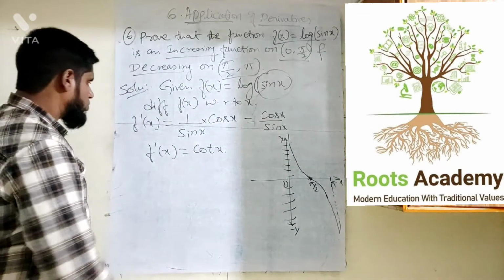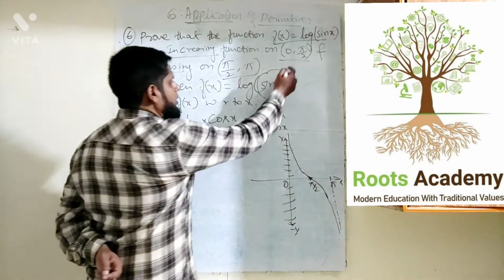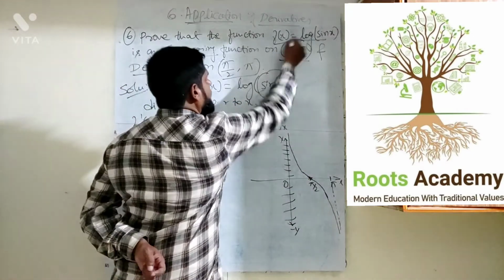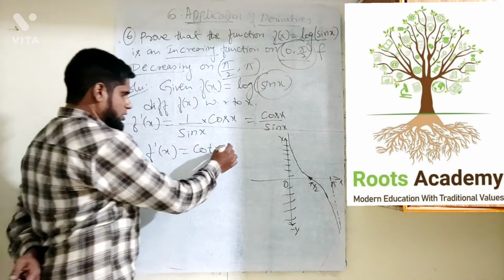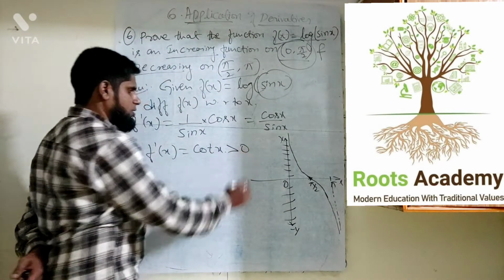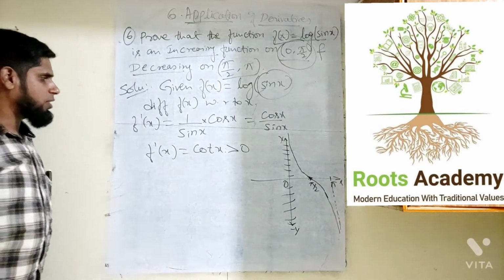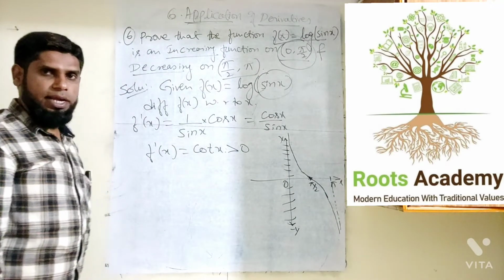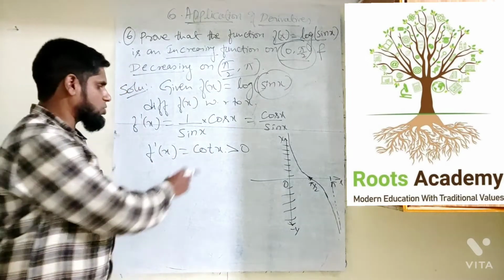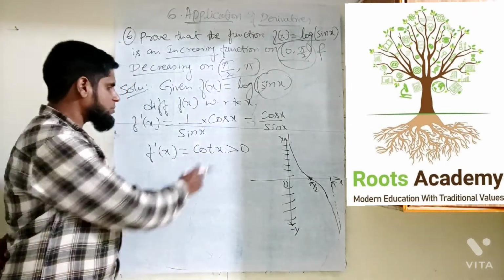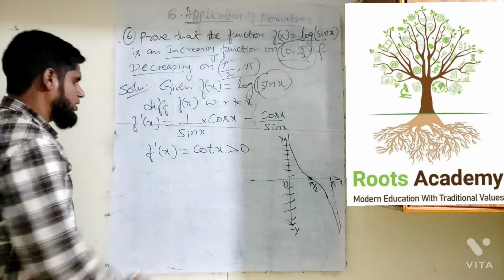Since in the first quadrant all 6 trigonometric functions give a positive answer, that is greater than 0, and in the second quadrant cot x is negative, it is decreasing.